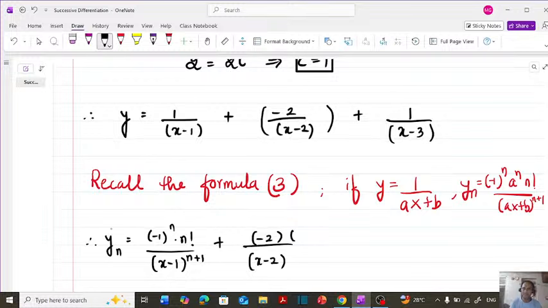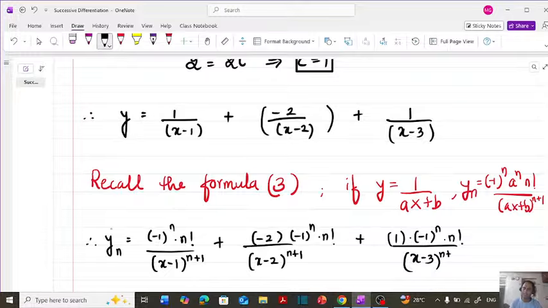Again here you have minus 1 to the power n factorial, and here you have n plus 1. Again here also 1 into minus 1 to the power n, n factorial over x minus 3 to the power n plus 1, like that. This thing will go on for all, and that's your answer. This is your final answer.